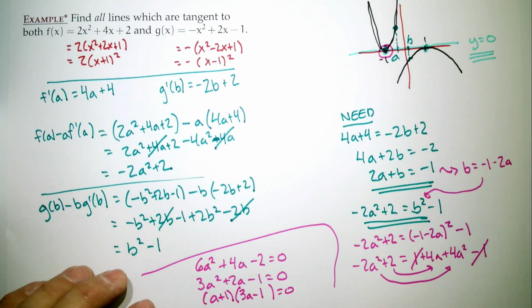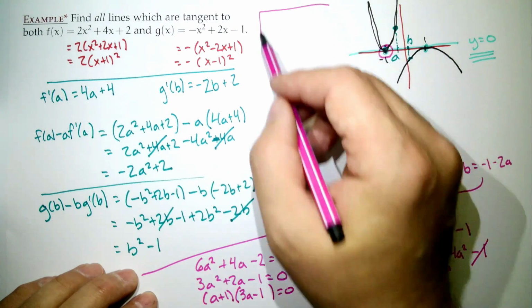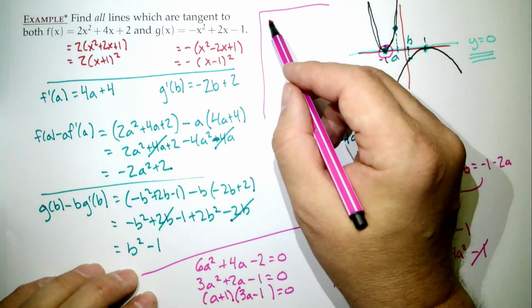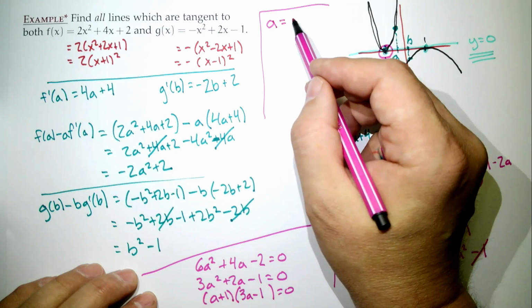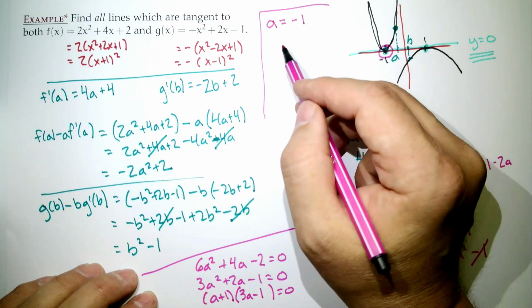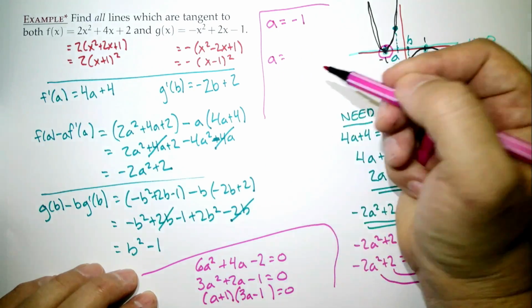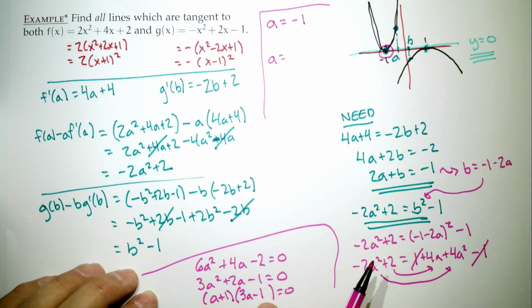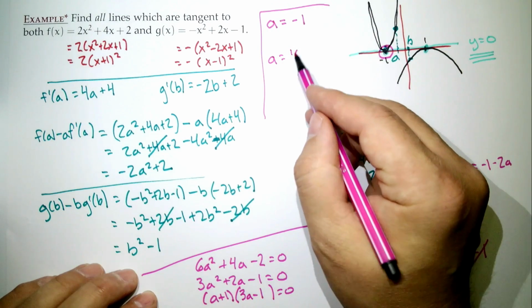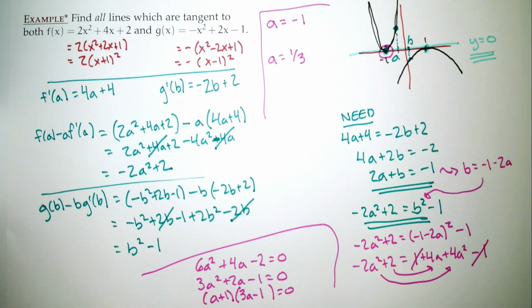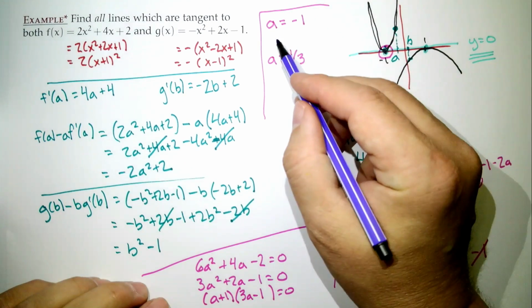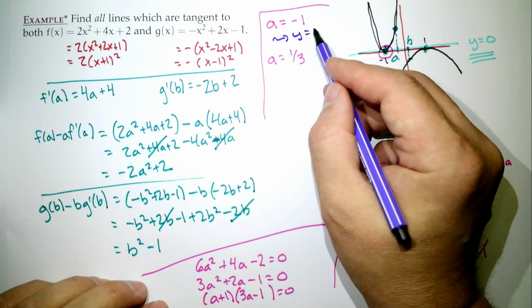So, after all that, we get to the following thrilling point. We have that the tangent line will happen at a equals negative 1, or at a equals 1/3. Now, we actually already know the tangent line for a equals negative 1, so that one was the one we already said before we began. So this is going to produce the line y equals 0.